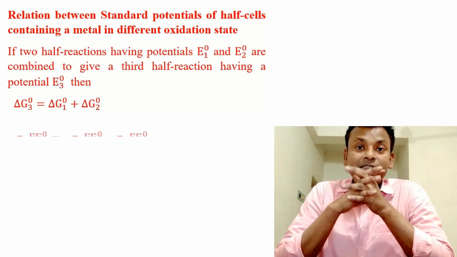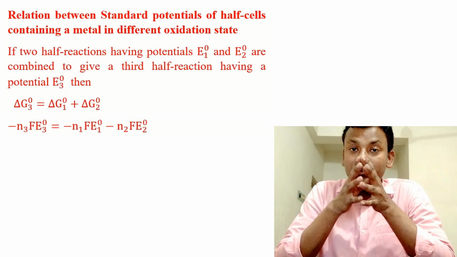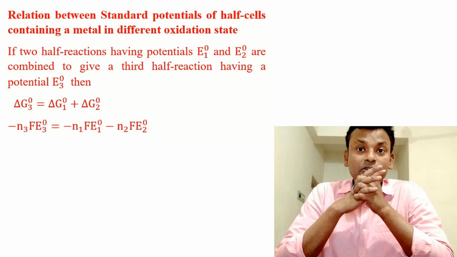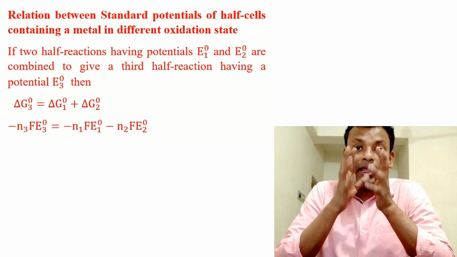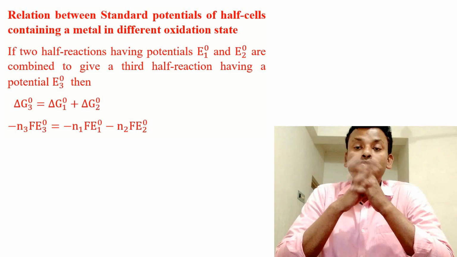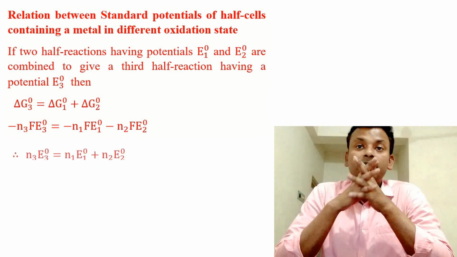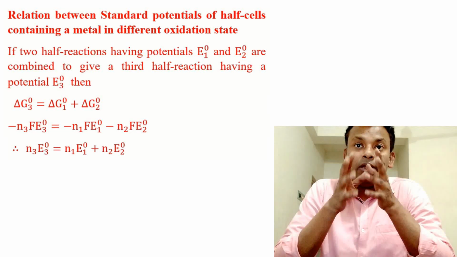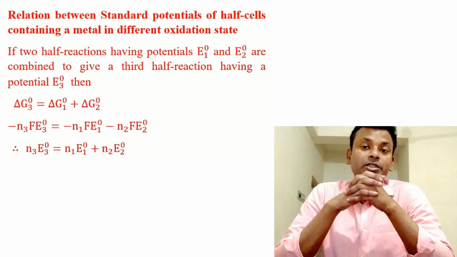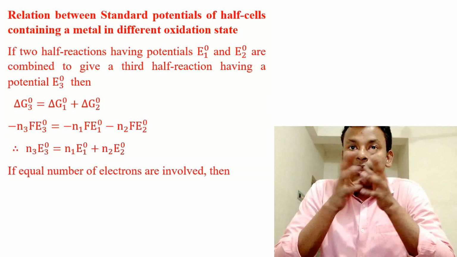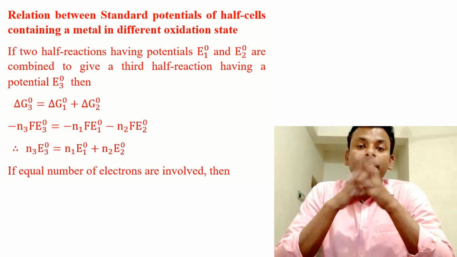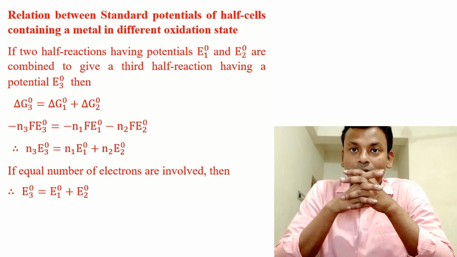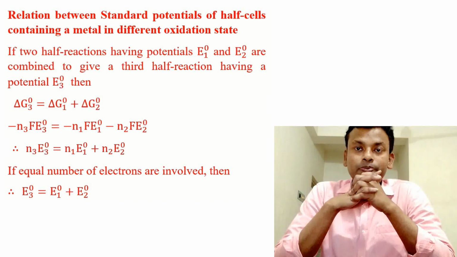Putting the value of del G0 equals minus nF E0, so minus n3 F E03 equals minus n1 F E01 minus n2 F E02, and F is cancelled from both sides. Therefore n3 E03 equals n1 E01 plus n2 E02. If an equal number of electrons are involved, then E03 equals E01 plus E02.